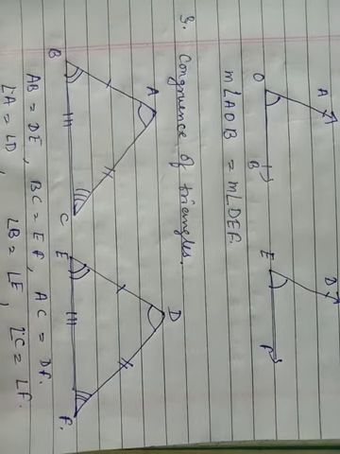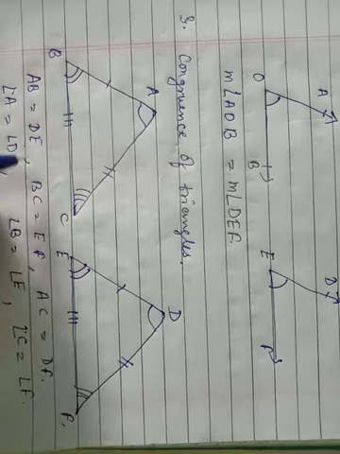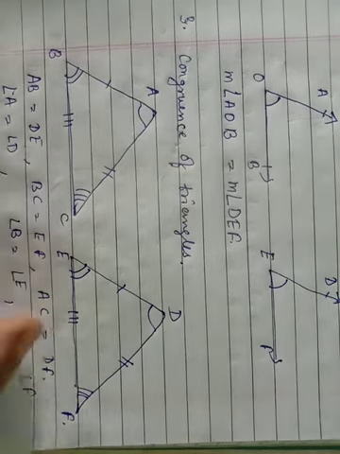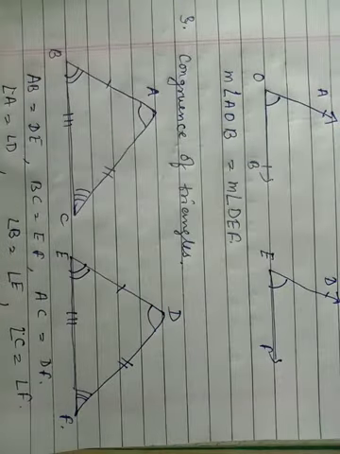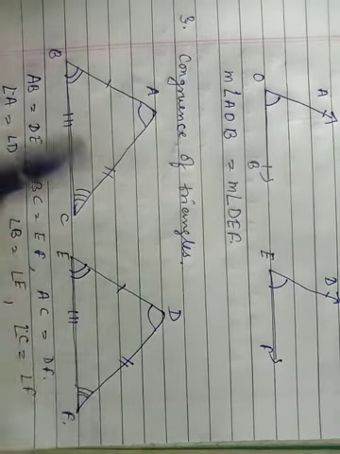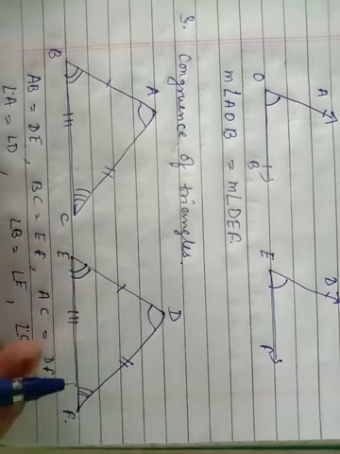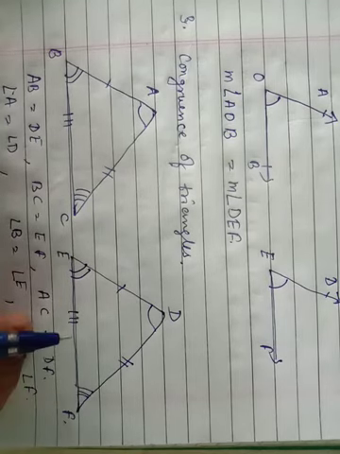This method of testing equality is known as the method of superposition. Superposition means when we overlap two things and the second exactly covers up the first one, then we say that these figures are congruent to each other.